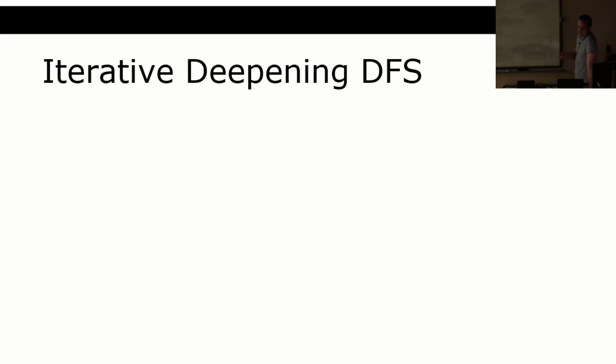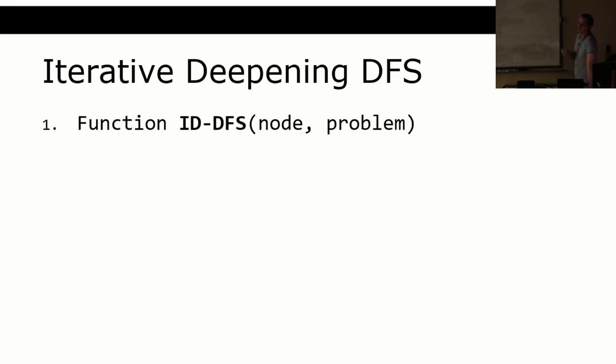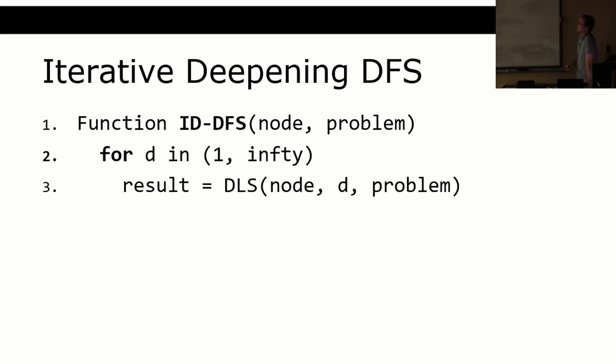And then iterative deepening depth-first search is just iteratively calling that function. So for d from 1 to infinity, or your time limit, you start at depth 1. You call DLS with the root node and d, which will initially be 1.